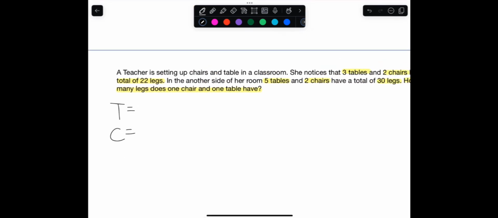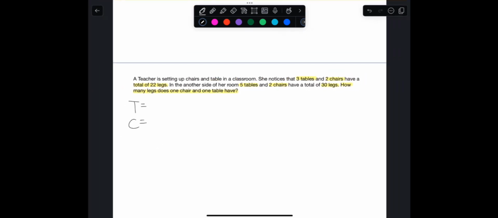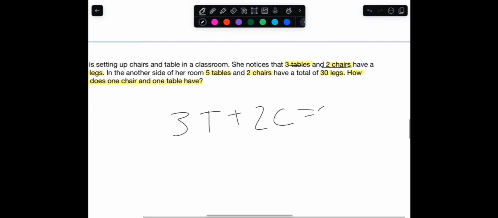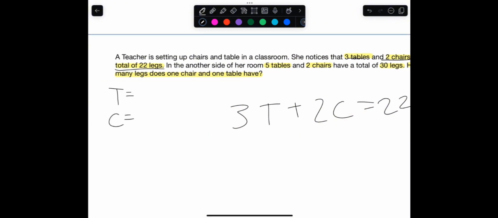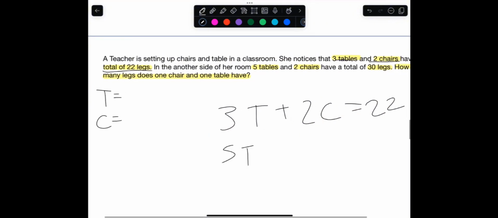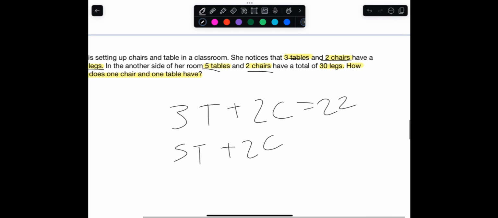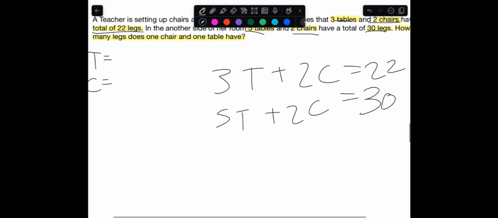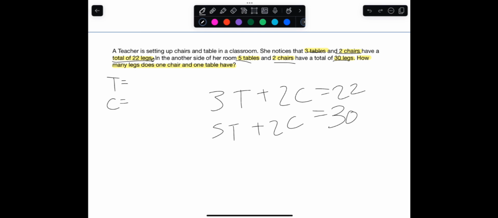Now that you have what you need, you're going to want to make your equation, in which we will solve for elimination.